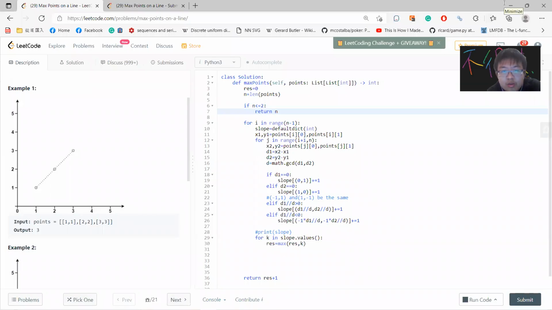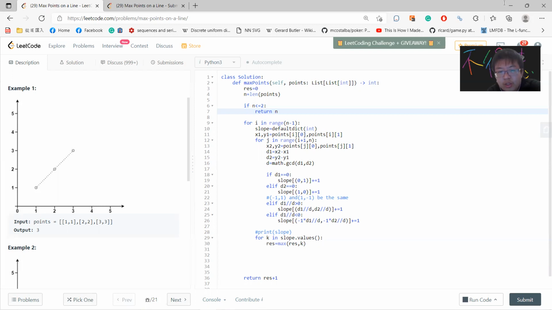So basically, you define the result to be 0, and if the length of points is n, return n. Slope is defined to be a dictionary, right? So you fix a point and you define a dictionary, and you take out the point x1, y1, and you iterate over all the other points, right? So you get x2 and y2, and you get d1 and d2, and then you get d. So the idea is that you need to use the slope dictionary to store a slope.